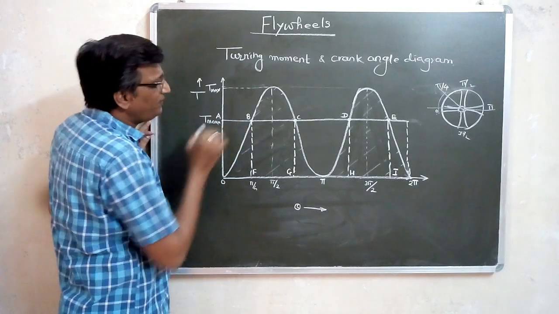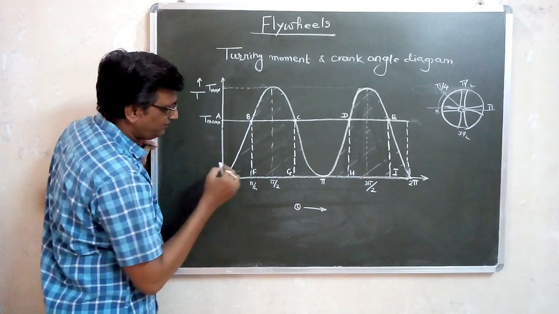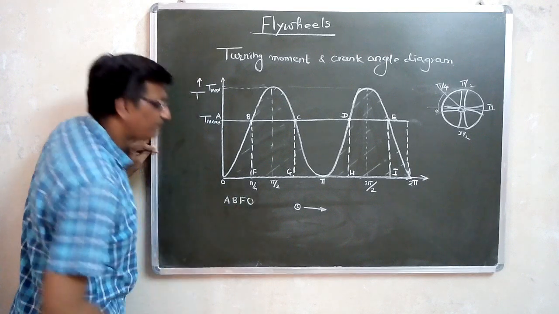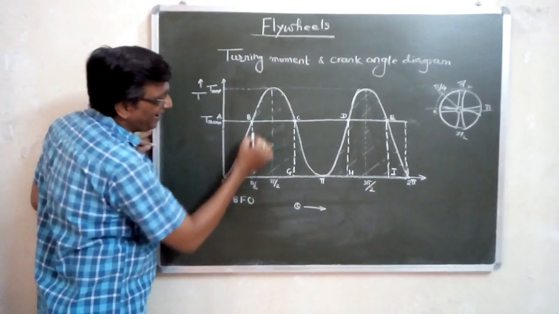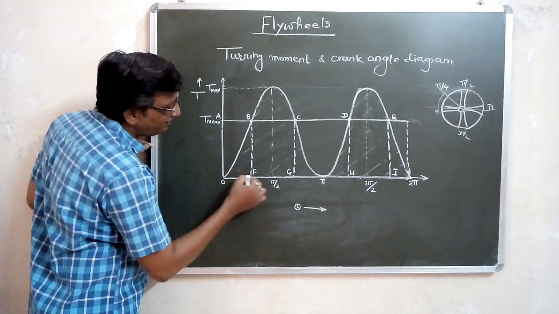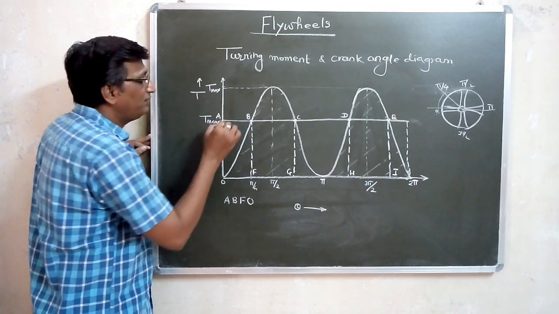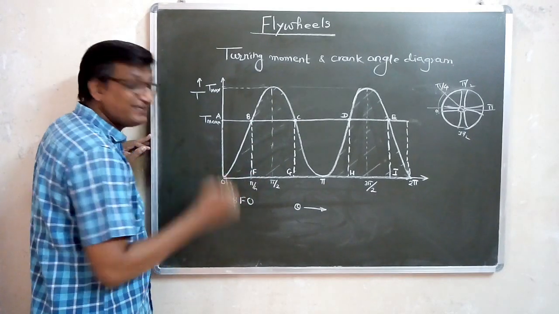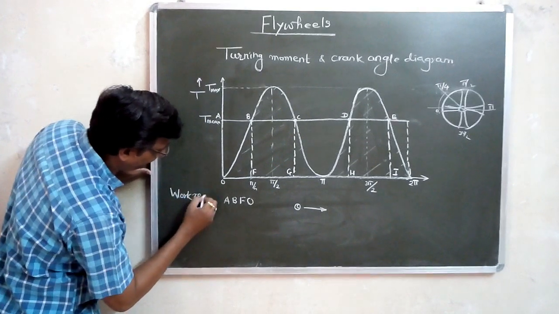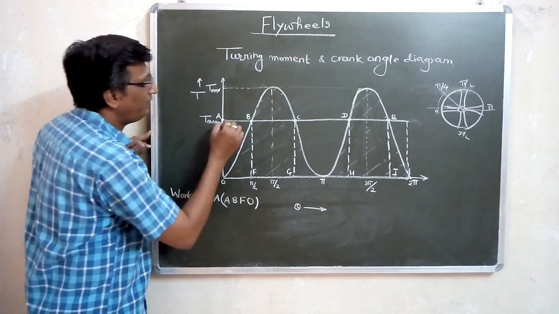So from A to B, what happens? If you consider this rectangle ABFO, this rectangle is nothing but the work required. I will write here: work required is the area of ABFO.